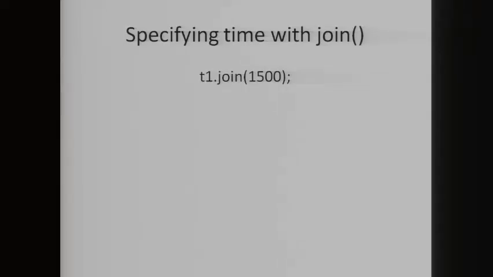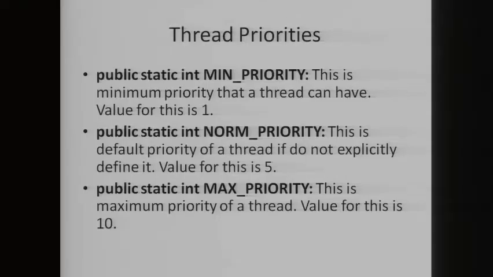Next, we will discuss thread priorities. In a multi-threaded environment, the thread scheduler assigns the processor to a thread based on the priority of the thread. Whenever we create a thread in Java, it always has some priority assigned to it.